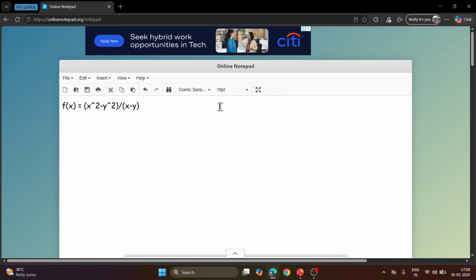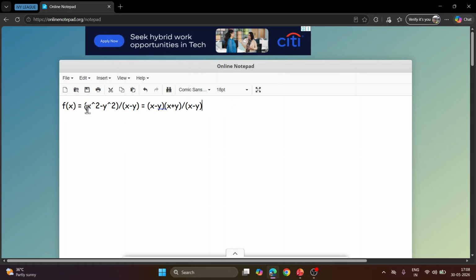We know the identity a squared minus b squared is a minus b into a plus b. So this is equal to x minus y into x plus y, divided by x minus y.